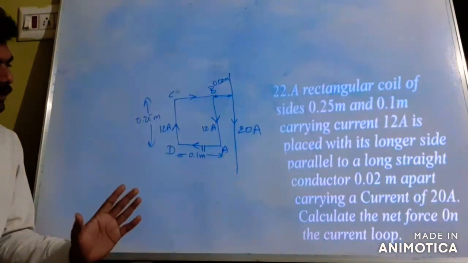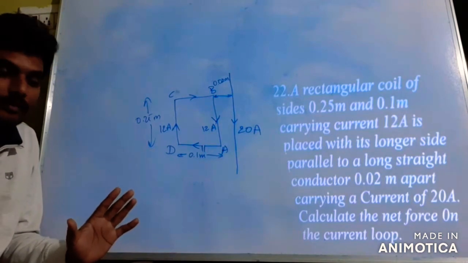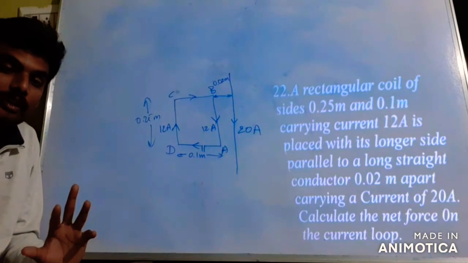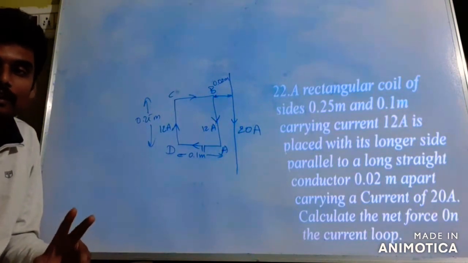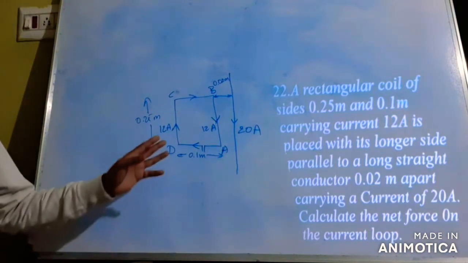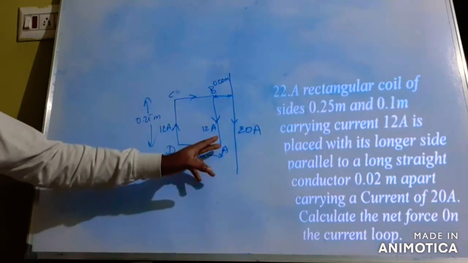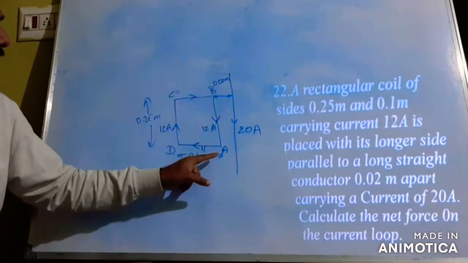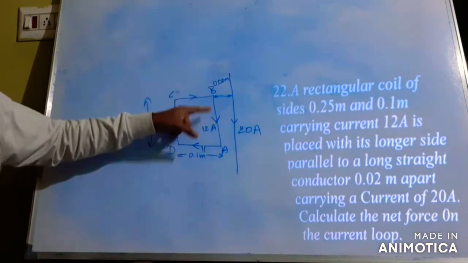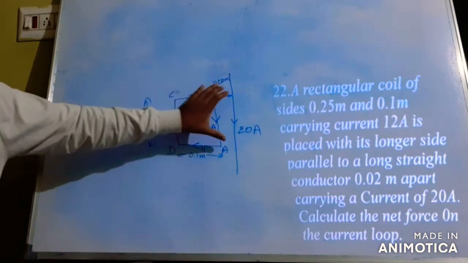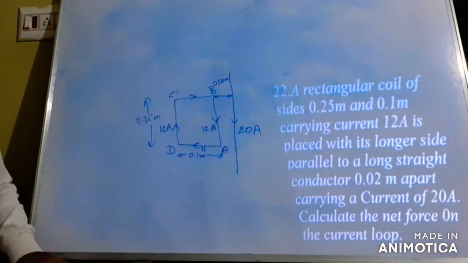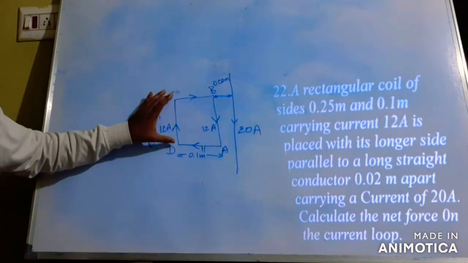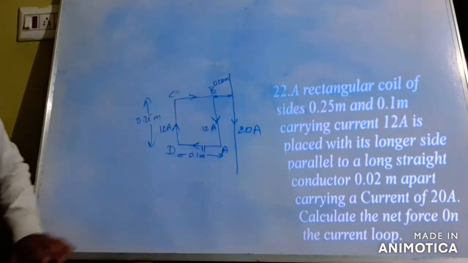Now this situation is very much similar to the force experienced between two current carrying conductors, right? So here we should first get the force experienced by part AB of the rectangular coil due to the long conductor, and then the force experienced by part DC of the coil due to the conductor.